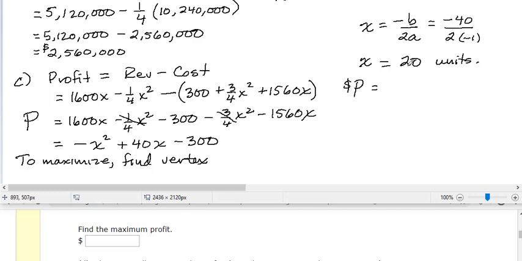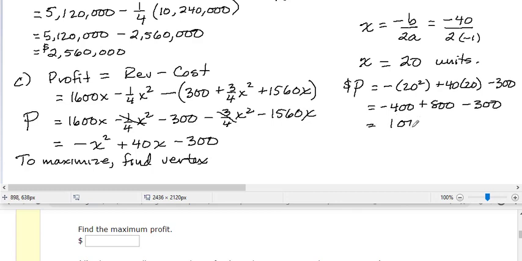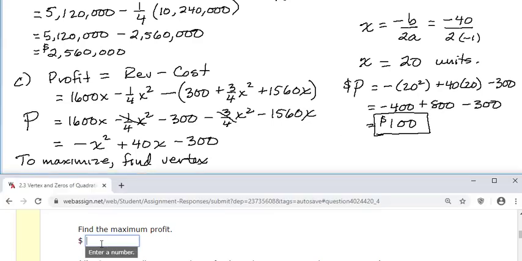To get the profit, I take my x value and I plug it back into the profit function. Negative 20 squared, 40 times 20 minus 300. Negative 400 plus 800 minus 300 is 100. The best profit I can ever get from this setup is $100.